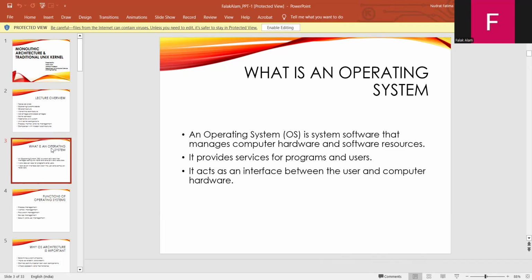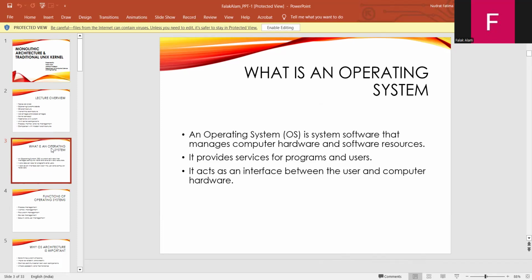Without an operating system, users would have to interact directly with the hardware components using complex instructions. Since there is an operating system, we are using it very easily.